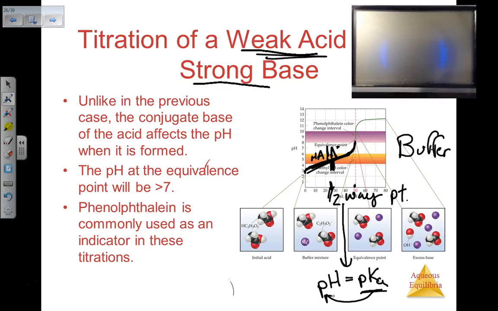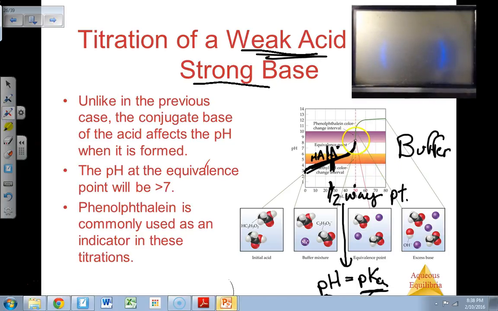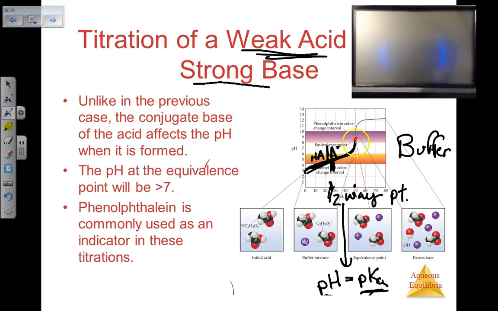Okay, so just real quick as we go over this one more time, we have the equivalence point, which is the point where the amount of weak component equals the amount of strong component stoichiometrically, so number of moles.